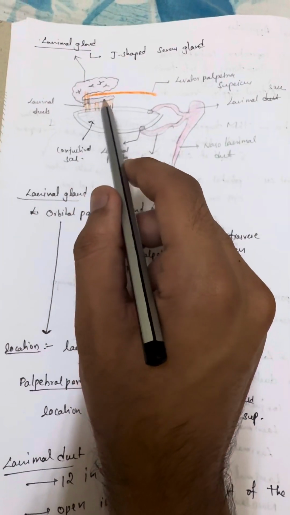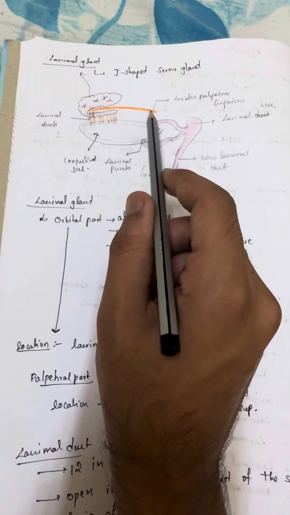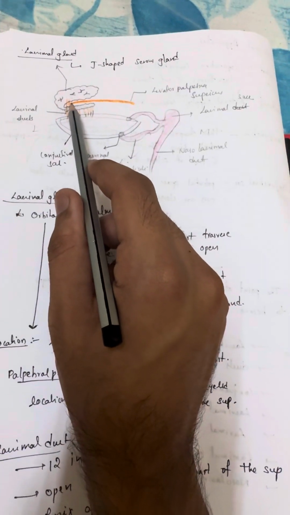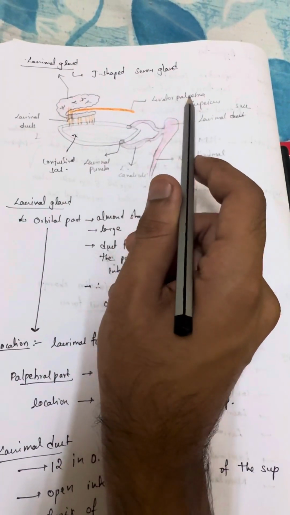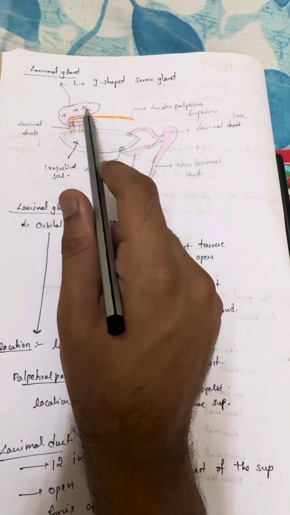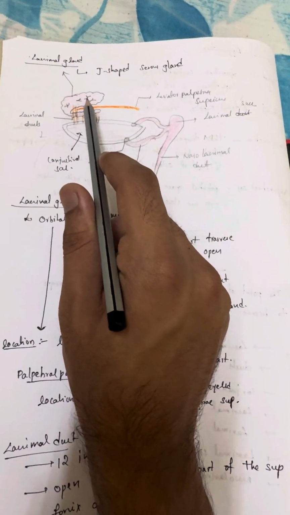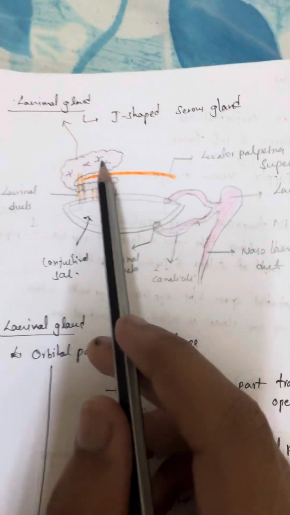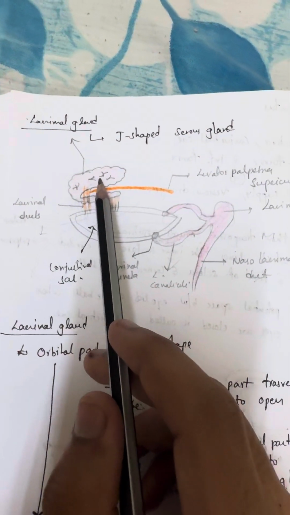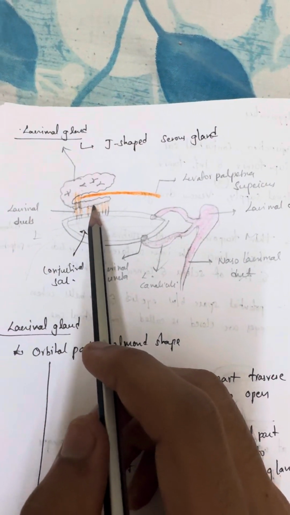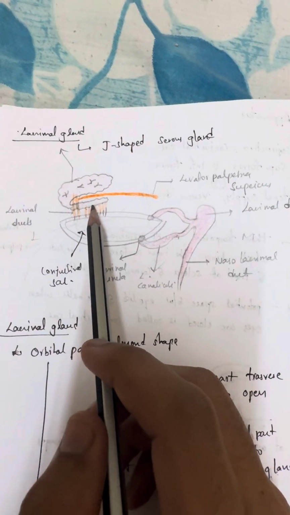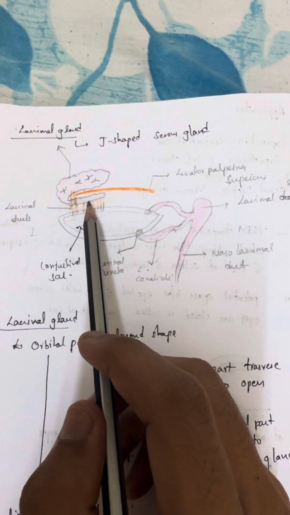It is J-shaped, and this demarcation is brought about by the levator palpebrae superioris muscle. So above the levator palpebrae superioris is the orbital part of the lacrimal gland, and below the levator palpebrae superioris is the palpebral part of the lacrimal gland.